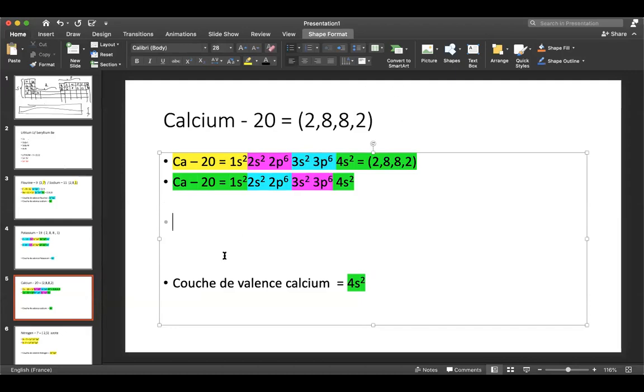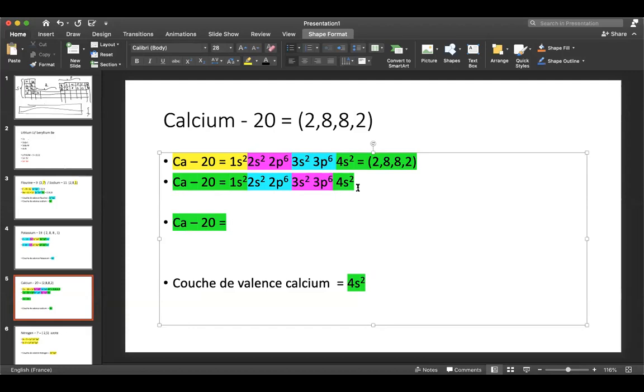So the calcium here, if it was going to be electron configuration avec les gaz rares, it will be... We're saying this is the couche de valence.